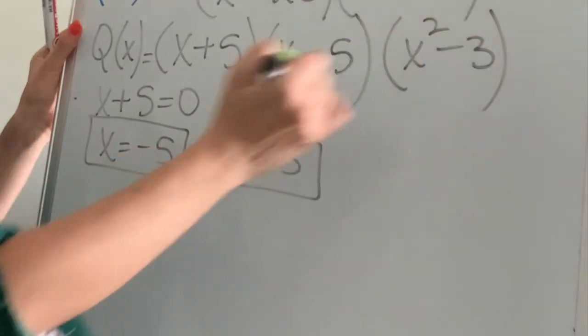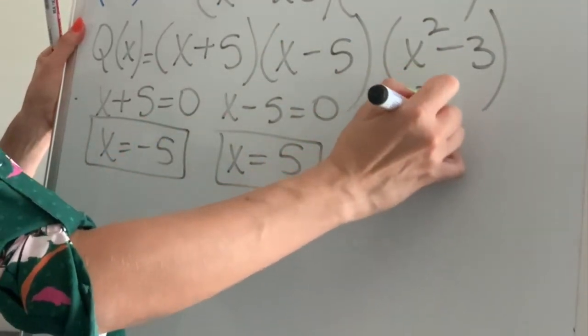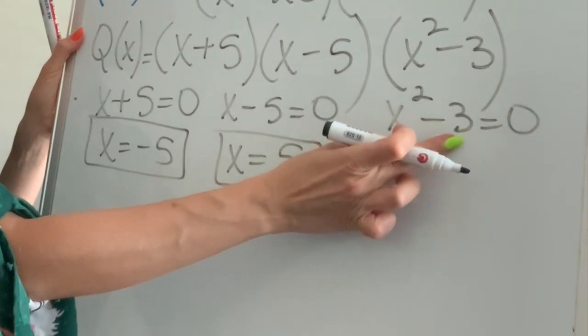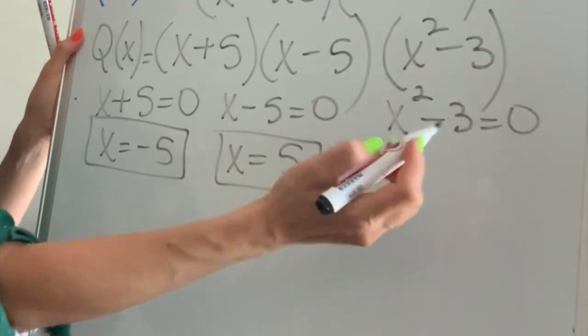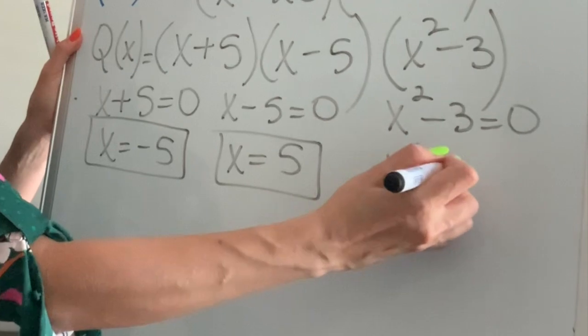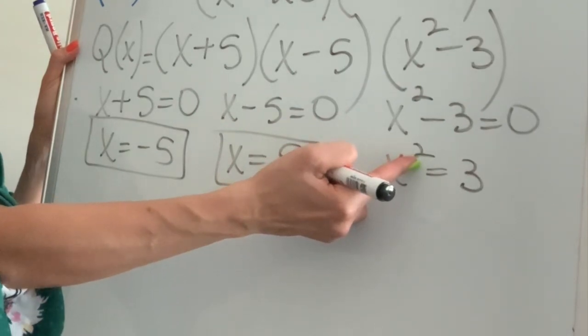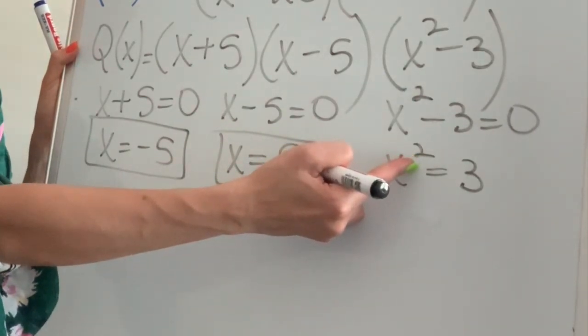Finally, x squared minus 3 equals 0. To solve this, we take the negative 3, place it on the other side, and make it a positive 3, so x squared equals 3. Then, to get x by itself, I need to remove the square, so I square root each side.